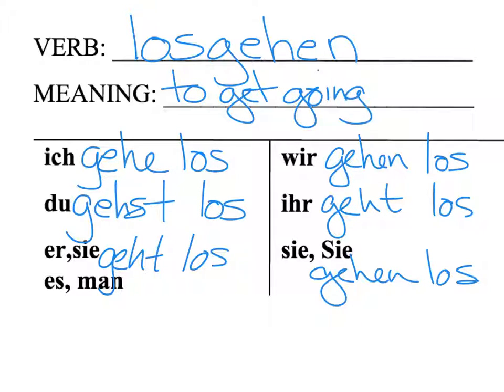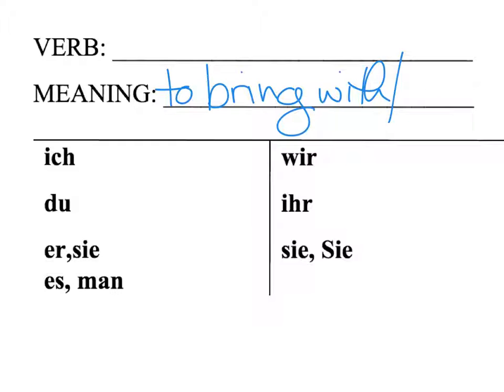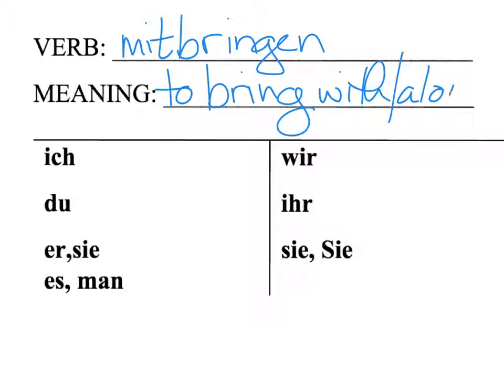One more. Alright. How do you say to bring with or bring along? Mitbringen. A few people overthinking that maybe. So, mitbringen. Is bringen a normal verb or irregular? Normal. So how are you going to conjugate it for ich? Everybody, how are you going to conjugate it?